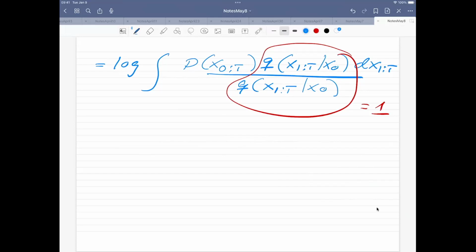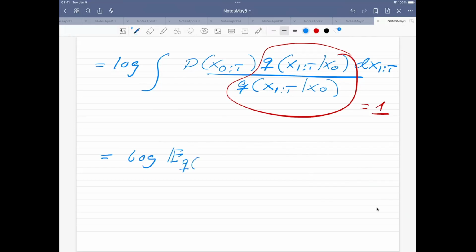Then this is actually an expectation value. So this is log of the expectation value, where now the x's are drawn according to this probability.